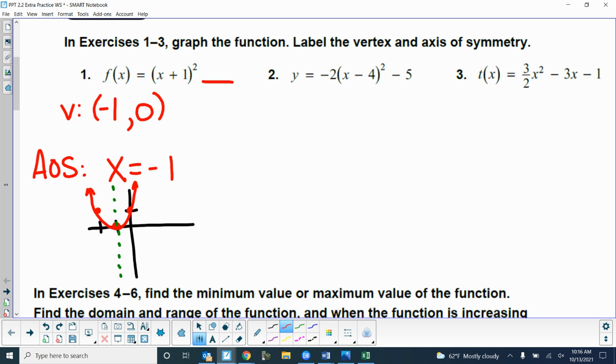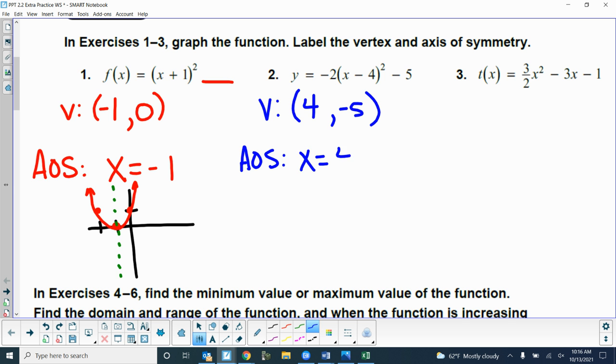Number 2. What is the vertex, Mason? 4, -5. Okay? Whatever's in with the x, it's the opposite, and whatever's outside is what it is. We got that? So my axis of symmetry is what?